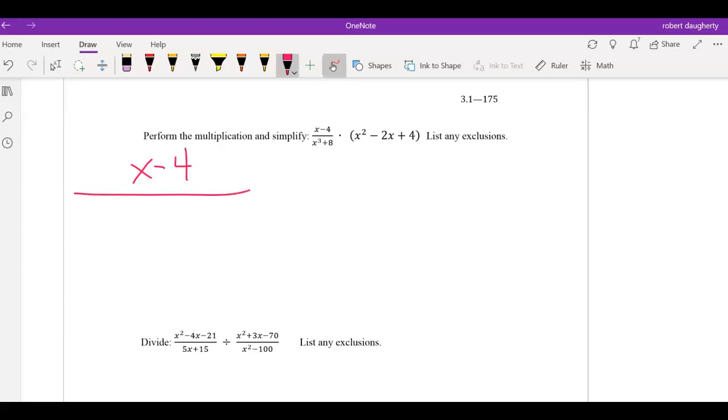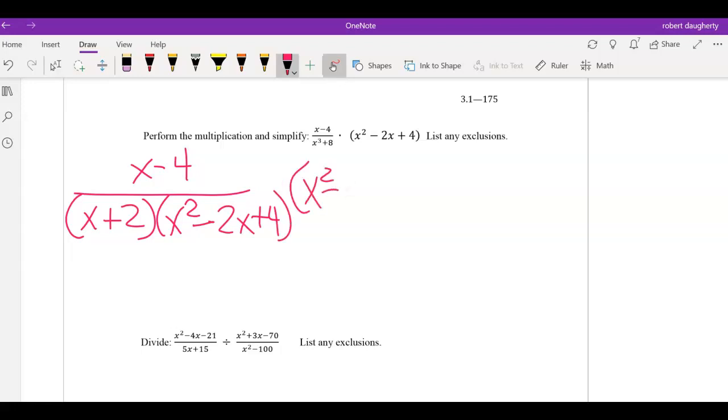And I know you don't like this, but that is the sum of cubes. x plus 2 times x squared minus 2x plus 4 times x squared minus 2x plus 4.